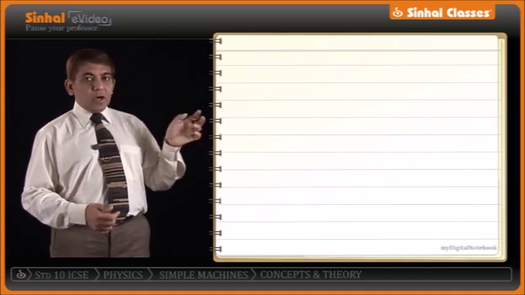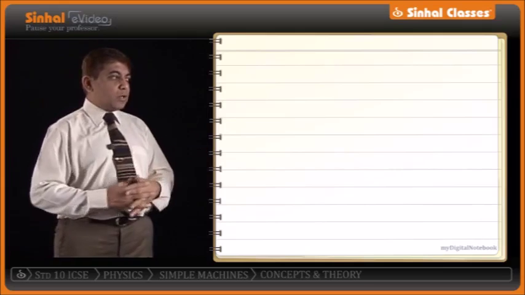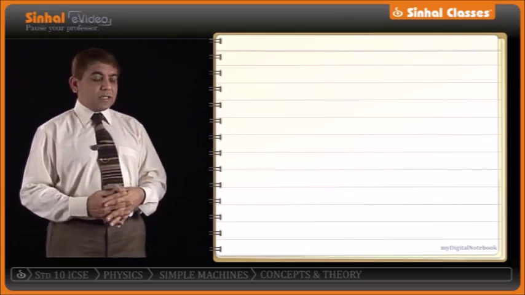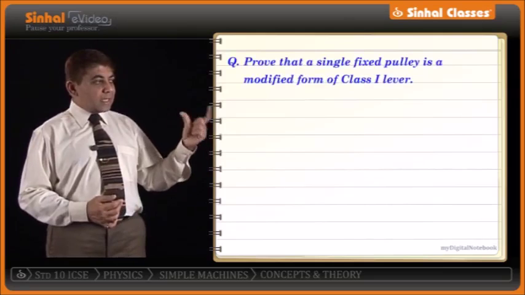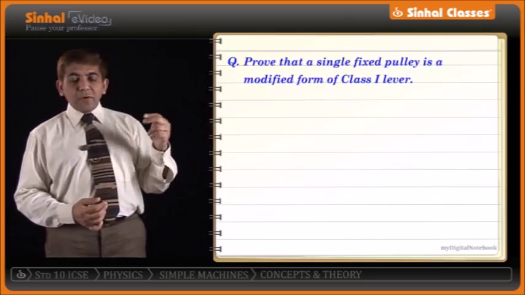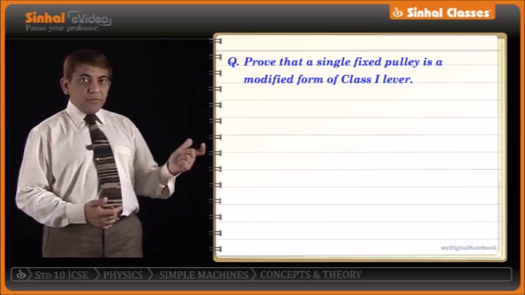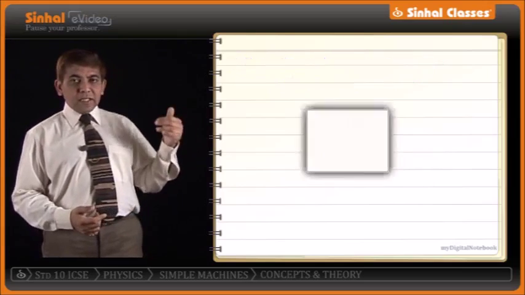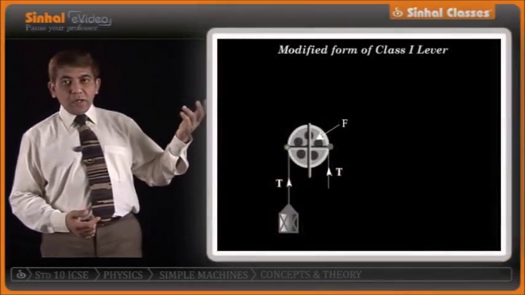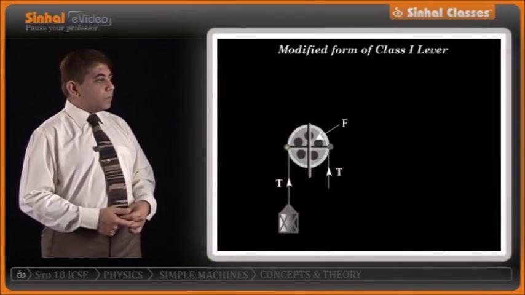There is also an application-oriented question on this, which states: prove that a single fixed pulley is a modified form of a class 1 lever. How do I prove it? We have a free body diagram which can turn this pulley into a class 1 lever.